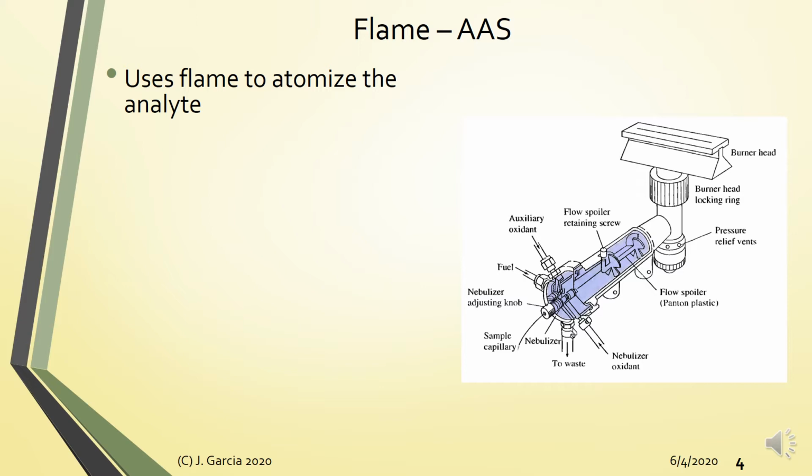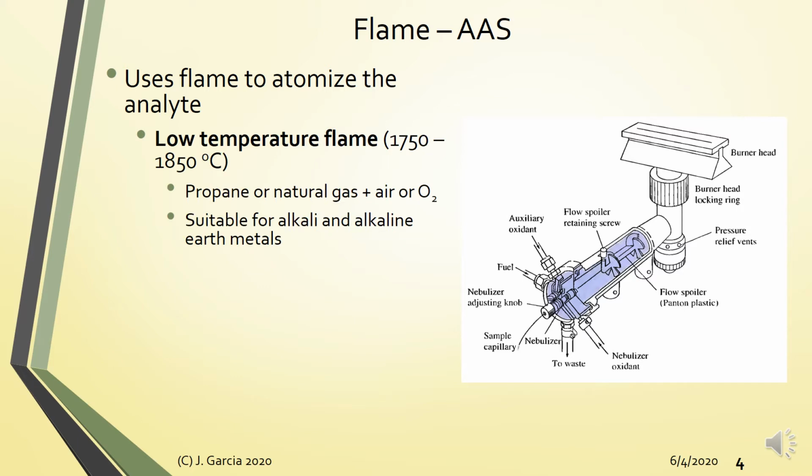Now, in flame AAS, the temperature of the flame is also important. The factor that we consider in choosing the type of flame to use depends on the element that you are analyzing. Here are some examples of different flame types.